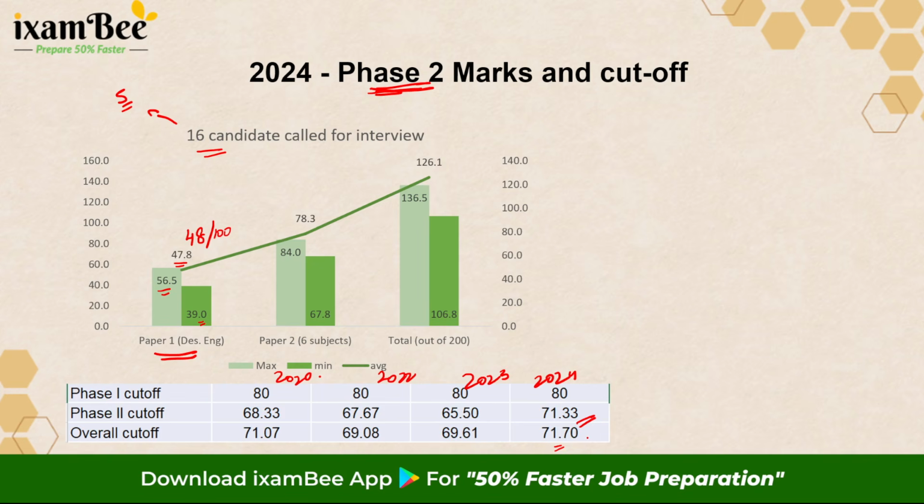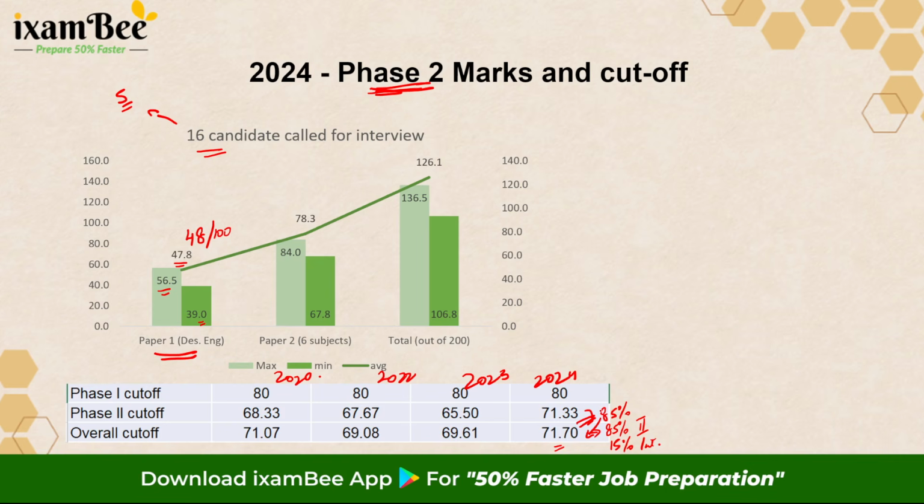Now this 71.7 consists of 85% of your Phase 2 and 15% of your interview. So if a student had got 71.33 in Phase 2, that would have been scaled down to 85% to be included in the overall cutoff marks.